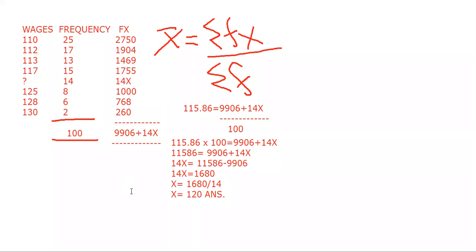हाँ जी। So I hope this missing frequency question in continuous series as well as in discrete series is clear to everyone, or do you still find any doubt here? If you have, kindly let me know.